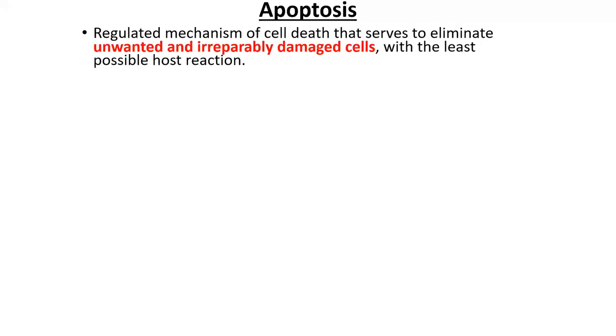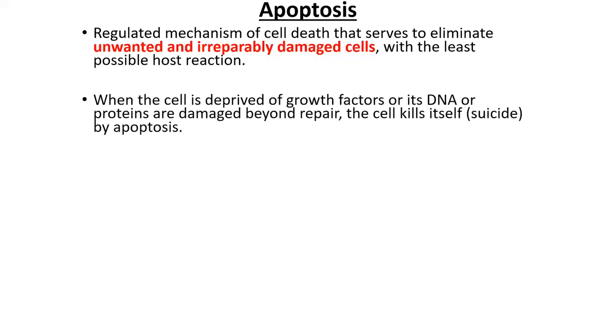So we just get rid of the unwanted cells and the cells that are damaged and we cannot repair, but with the least possible host reaction. For example, when the cell is deprived of growth factors or its DNA and proteins are damaged beyond repair, the cell will kill itself by apoptosis, which is suicidal cell death.